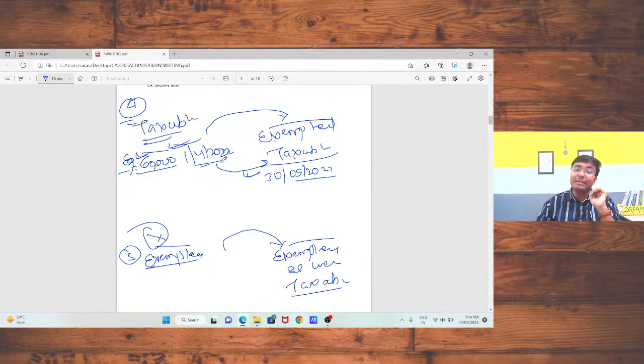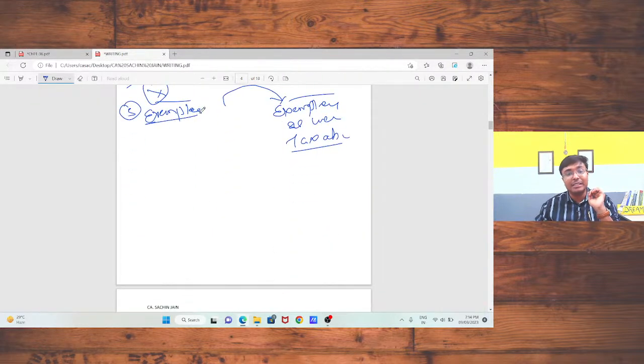Sir, not understood? Take an example. That means you bought that plant and machinery and used it in the course of exempted supply. At that time the input tax credit was 60,000, but since you were going to use that plant and machinery for exempted purpose, you had not taken any input tax credit.